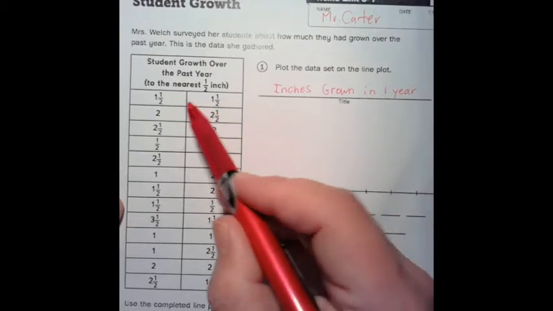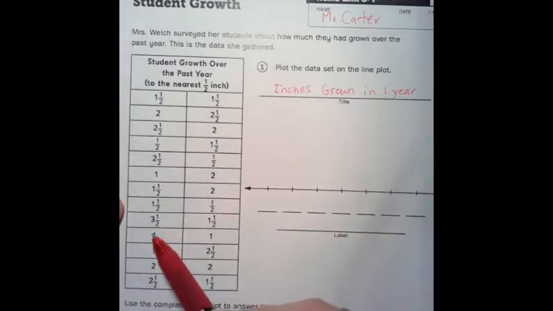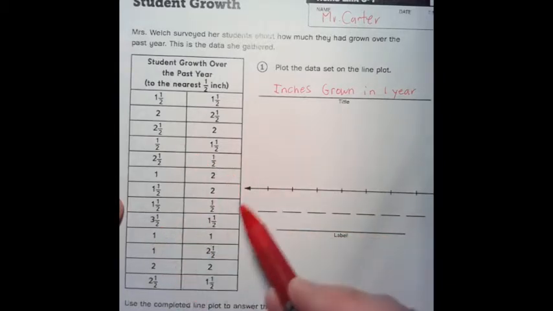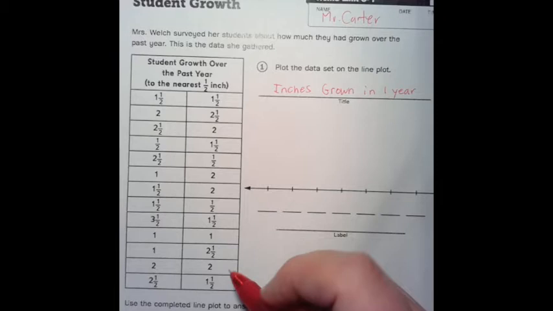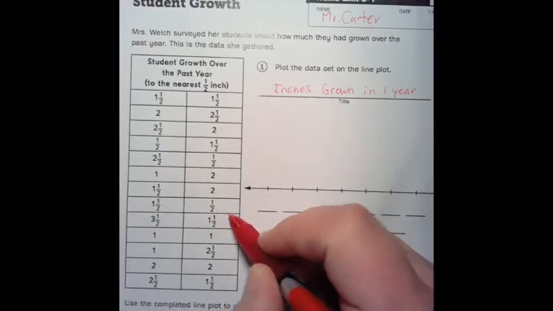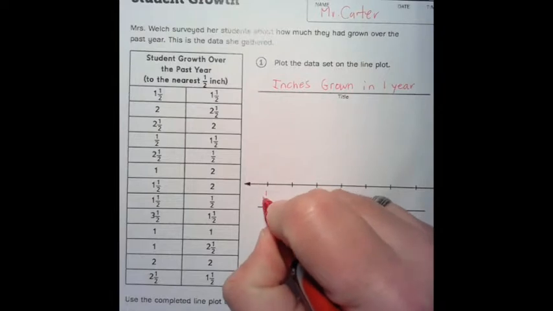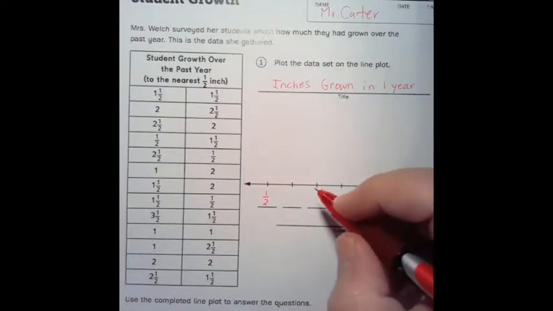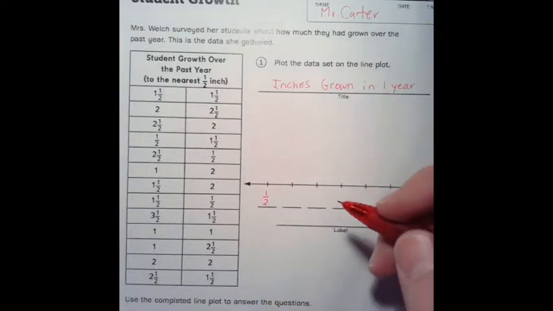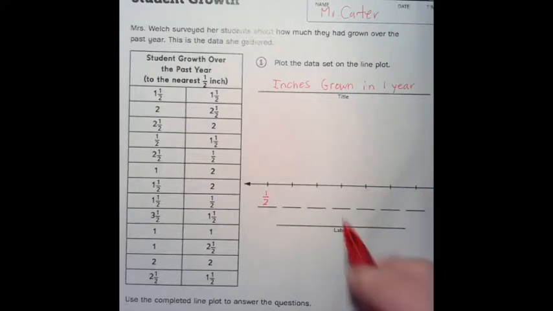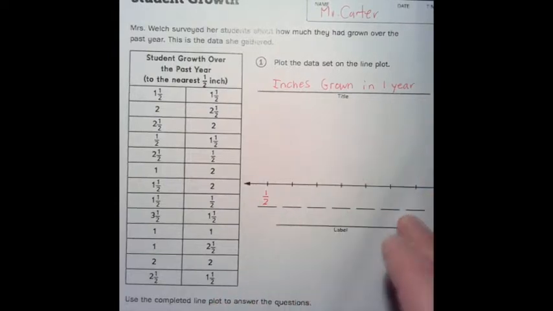If we're looking at all our information, doing a quick scan here, I'm noticing that one student only grew a half inch in 1 year. So we're going to start with that data. We're going to go 1/2, and then we're going to increase the increments by half for every line.